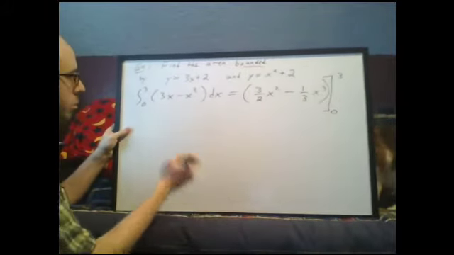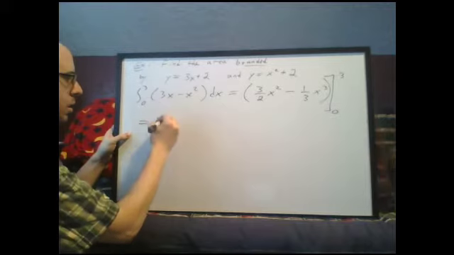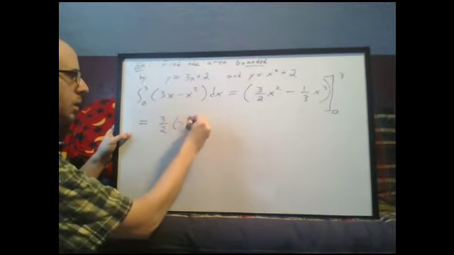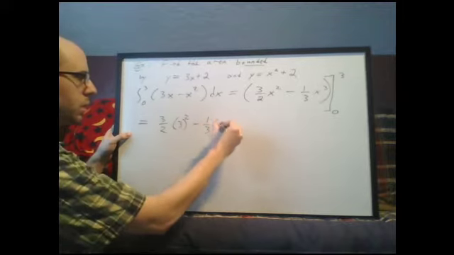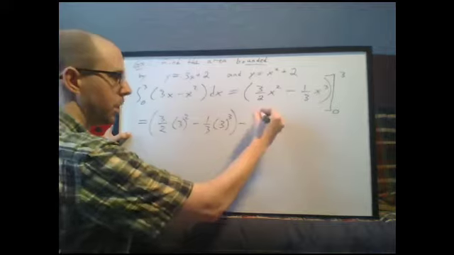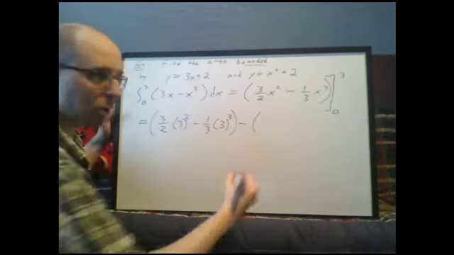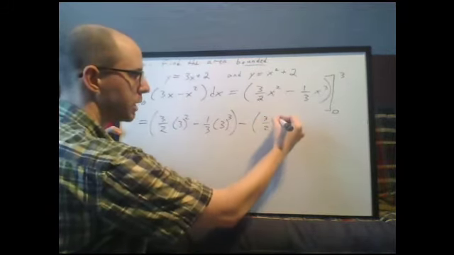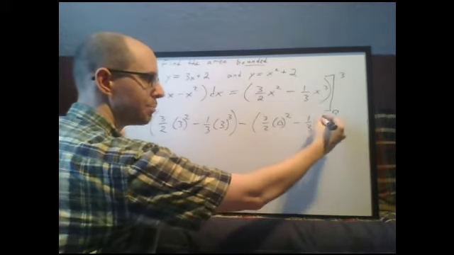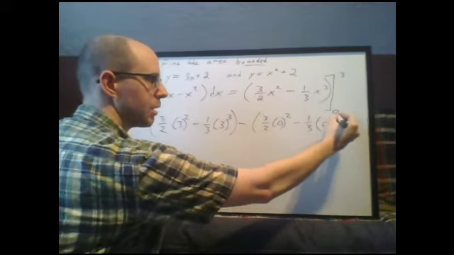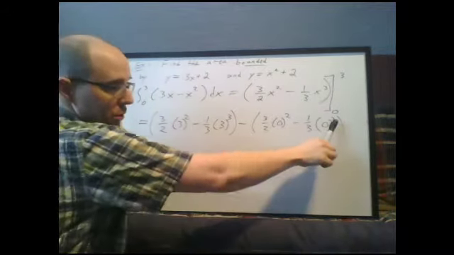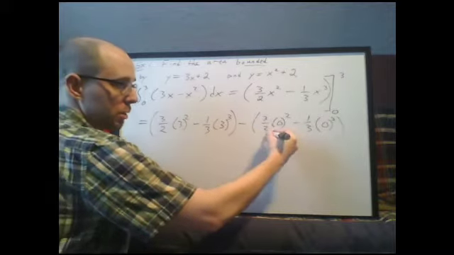Alright, so plugging in 3, we get 3 over 2 times 3 squared minus 1/3 times 3 cubed, minus, now if I plug in 0, I'll write it down, but for this specific function, 0 squared is 0, 0 cubed is 0, this is all going to be 0.